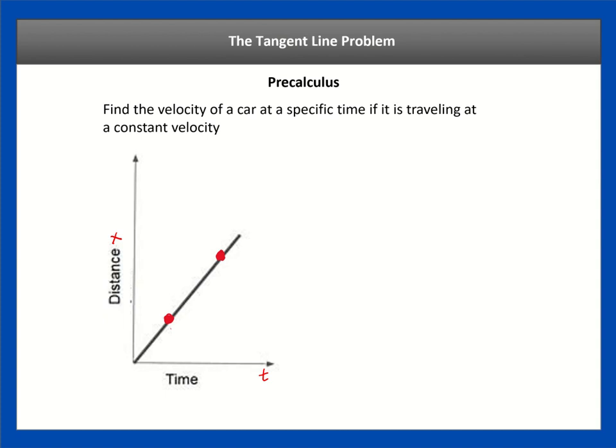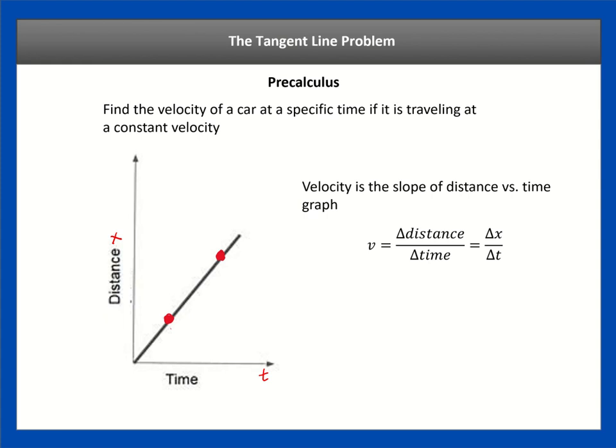All right, so if I look at the situation that we discussed, we have, let's say, distance versus time. We'll say that distance is x and time is t. If I want to find the velocity of a car at a specific time, I need to pick 2 points on the graph, and it is essentially finding the slope. If we take the rise over run, that gives us the difference in the x's over the difference in the times, t. And that slope will actually give us the velocity, because if you recall, velocity is distance over time.